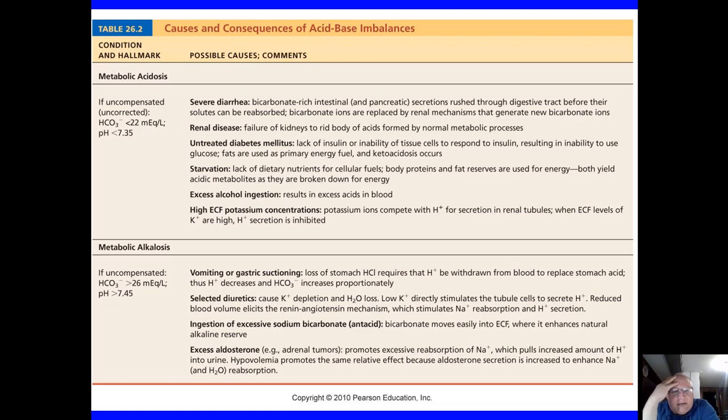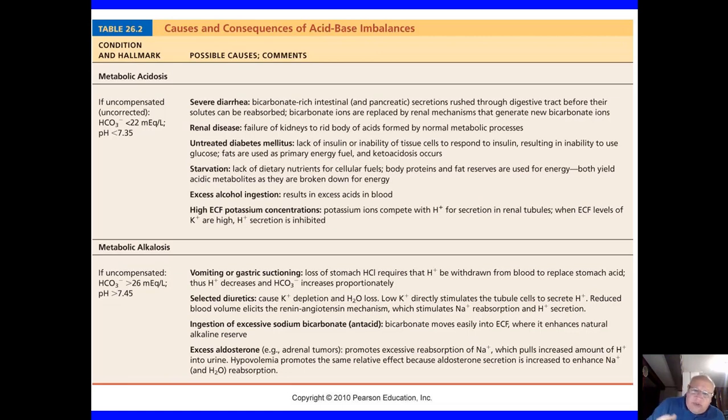Okay? Now, some of the diuretics will have this effect. Also, interestingly enough, ingestion of excessive sodium bicarbonate. To help you understand this, about 50 years ago, one of the major antacids was sodium bicarbonate, and sometimes people who had ulcers and other types of ailments would consume a lot.